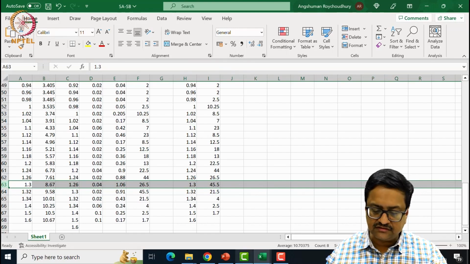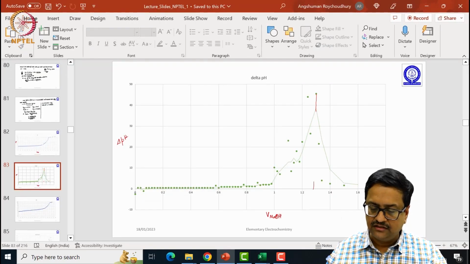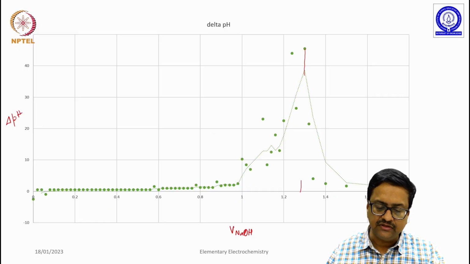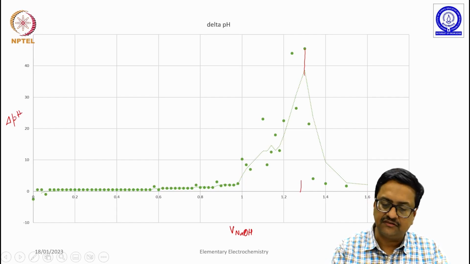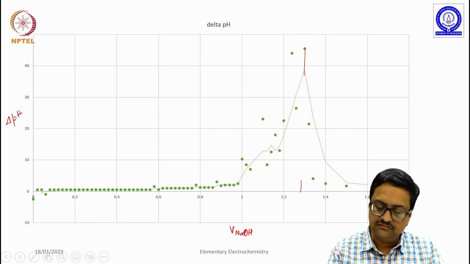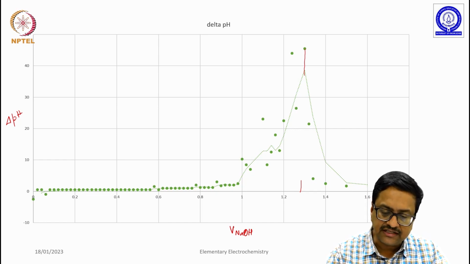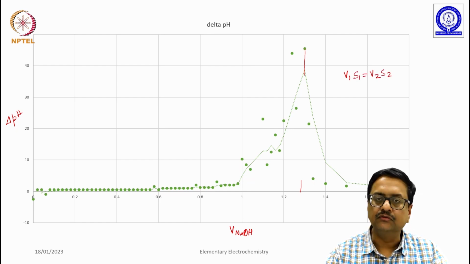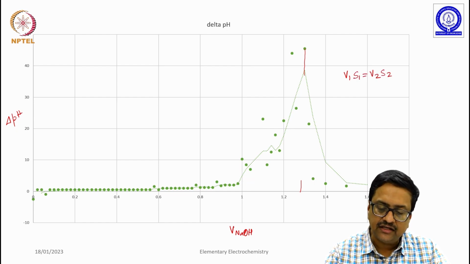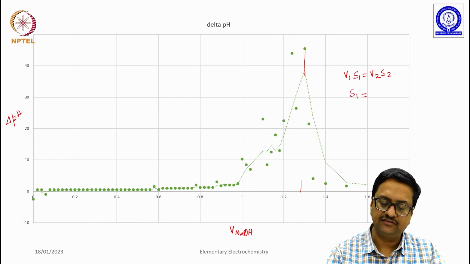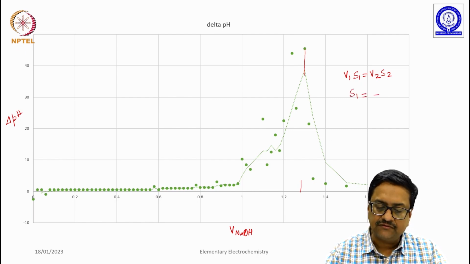So, using this value as the end point, one can calculate the strength of HCl in this particular experiment using the same V1 S1 equal to V2 S2 formula, where S1 is the strength of HCl that is not known. We have taken 10 ml of HCl at the beginning.